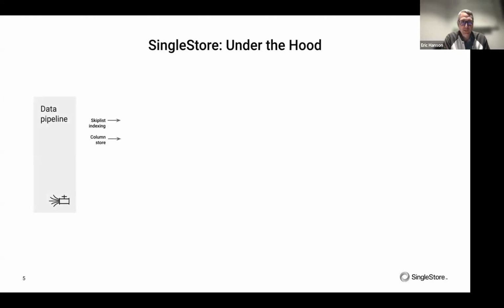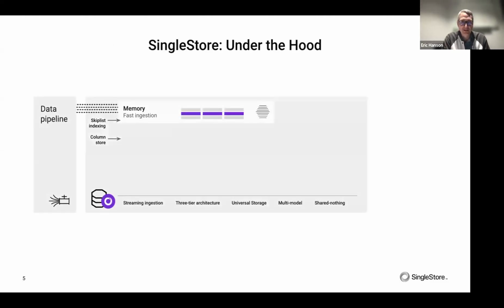A little bit about how we work under the hood can help understand the rest of what I'm going to tell you. When you load data into SingleStore or insert data into SingleStore, our default table type is a disk-based column store. But in front of that, we have an in-memory speed layer that can accept newly inserted rows really quickly using an in-memory row store structure.